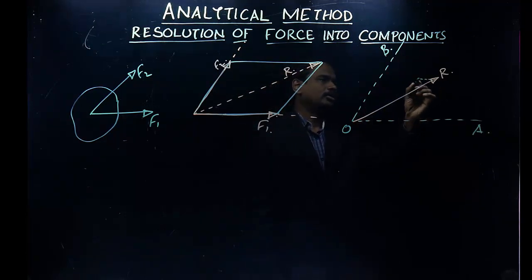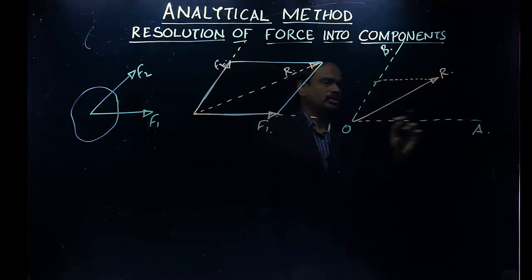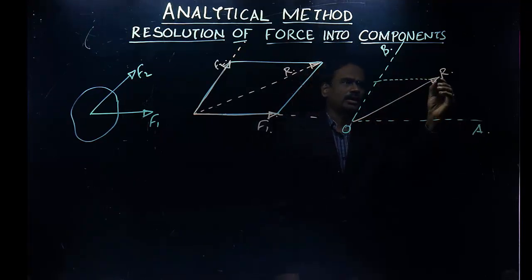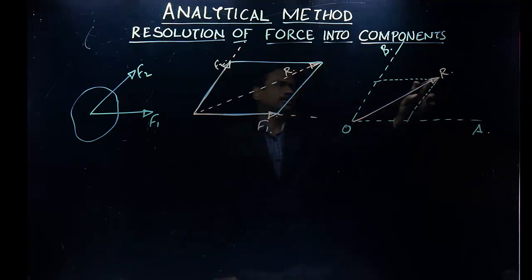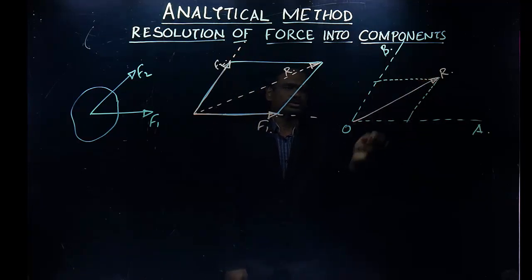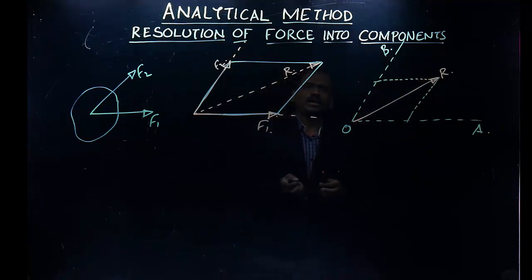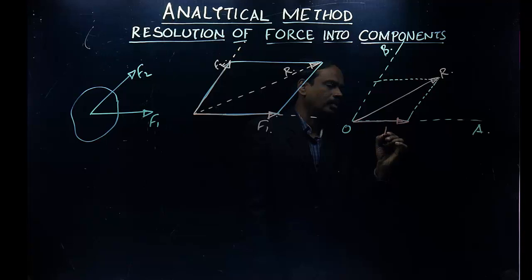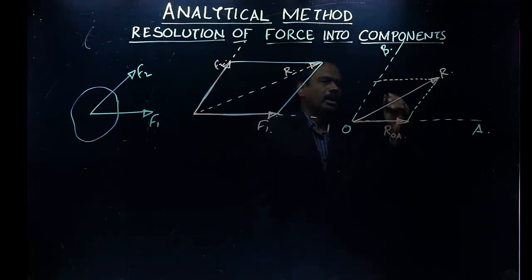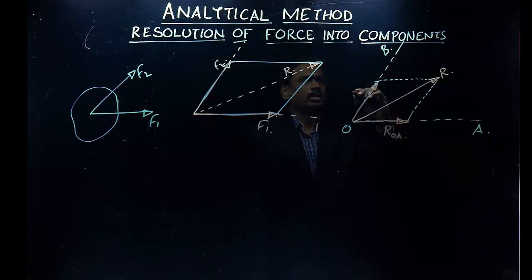Draw a line parallel to this axis and draw another line parallel to the other axis. Wherever these two lines meet will define the components of the force. This is the component of R along OA, and this is the component of R along OB.